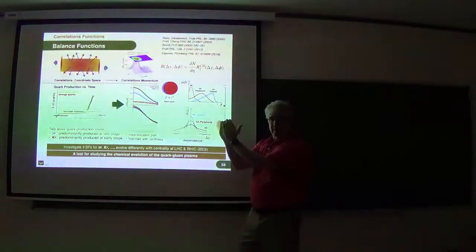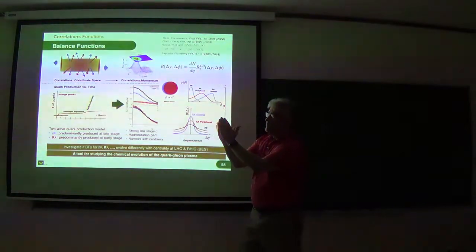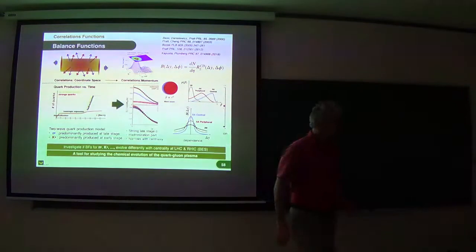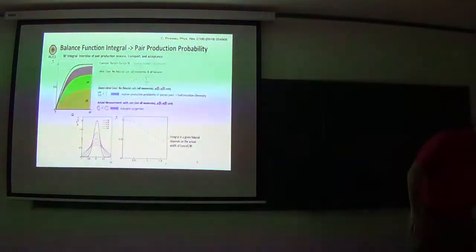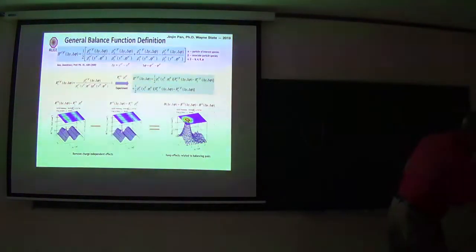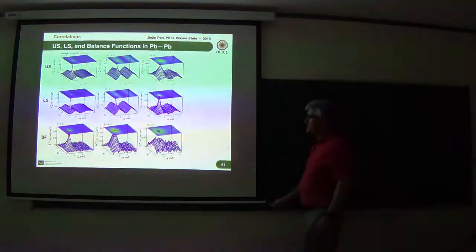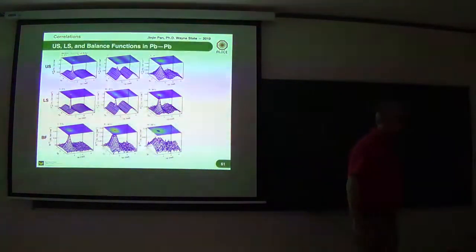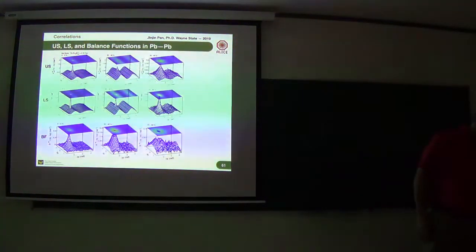What this kinematical focusing does is to narrow the balance function. So a sizable fraction of the narrowing that we see here must in fact be due to this collective flow.